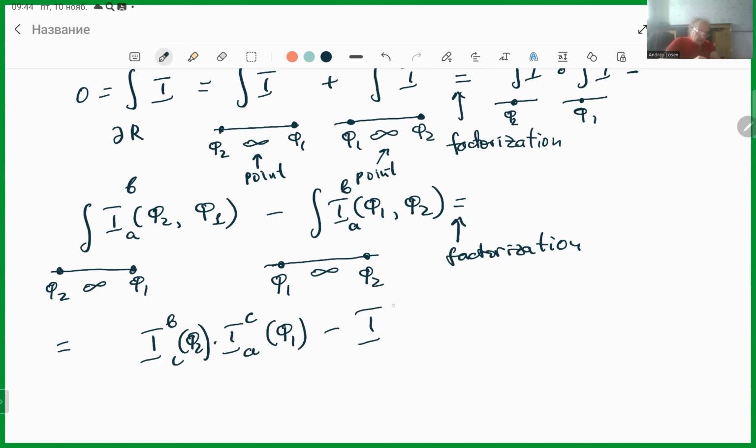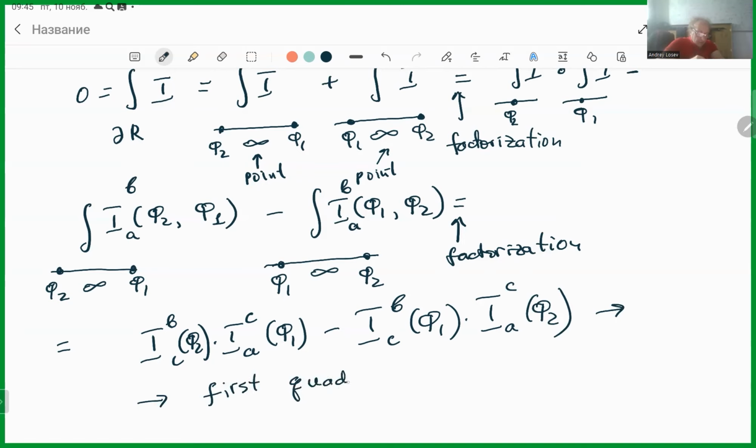And here, all the way around. And this is the first quadratic relation I called.